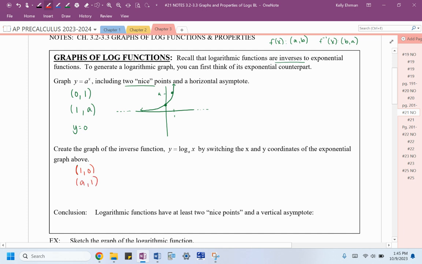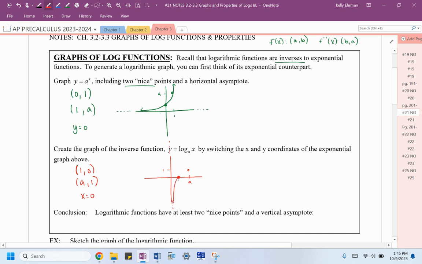And if we're trading out x's for y's, instead of y equals 0, it will have x equals 0. So the log base a of x graph has a vertical asymptote at x equals 0, has the point 1, 0 as an x-intercept, and then wherever a is, it has a height of 1.